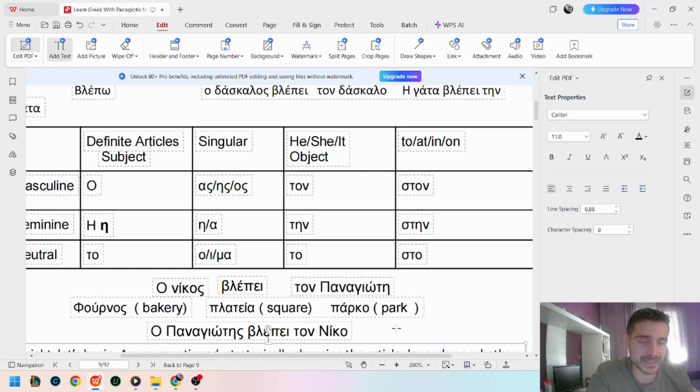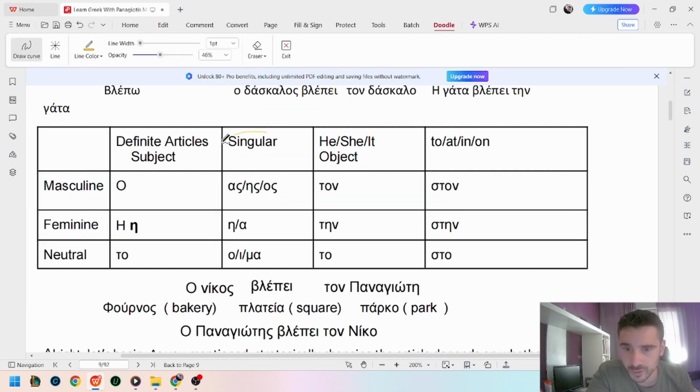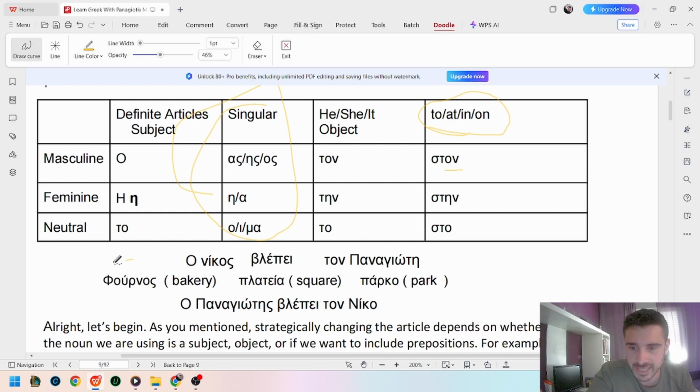And now, we'll see how we use the words to, at, in, and on. In Greek, it's easier to remember if you remember the box here with the word endings, because for all these words, if the following word is masculine, you will use στον. Like, for example, let's take the word for bakery, in Greek φούρνος.